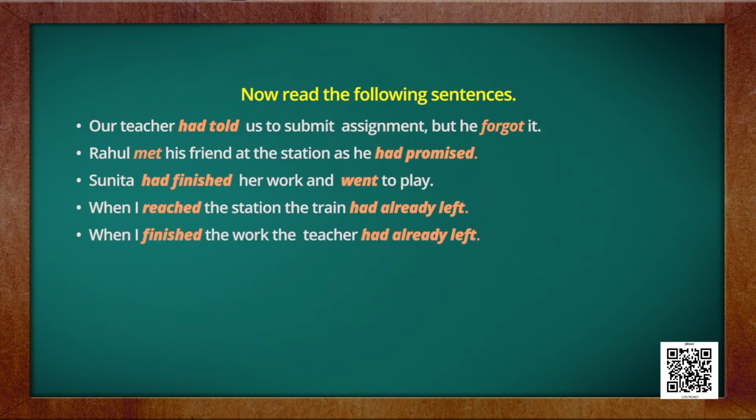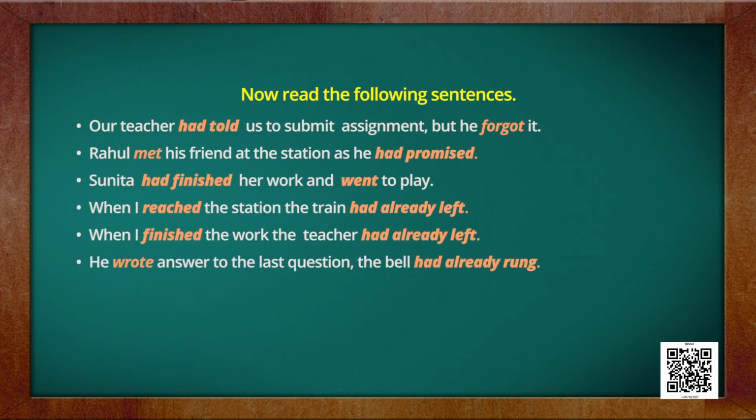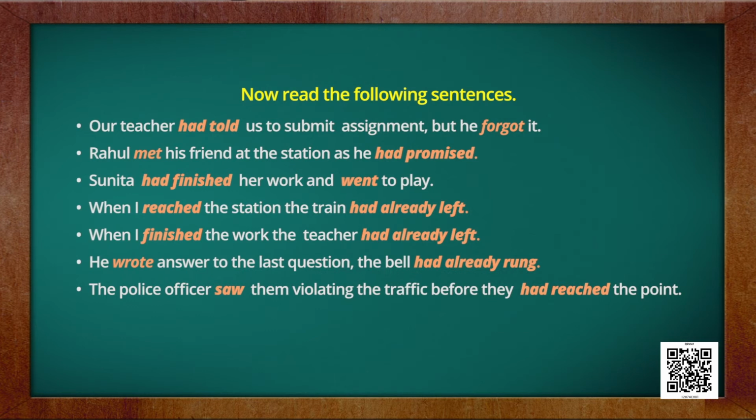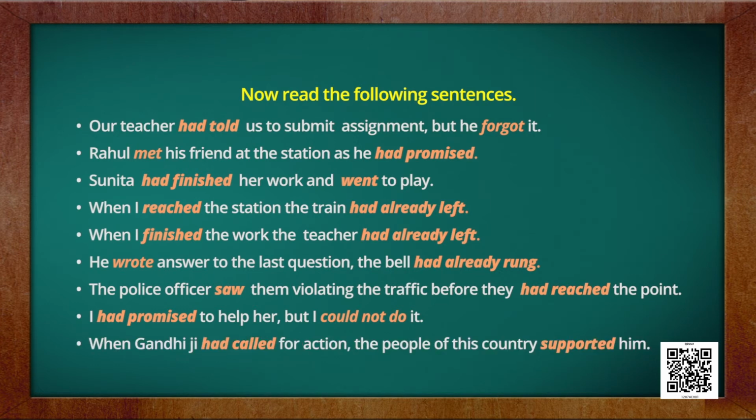When I finished the work, the teacher had already left. He wrote answer to the last question. The bell had already rung. The police saw them violating the traffic rules before they had reached the point. I had promised to help her, but I could not. When Gandhiji had called for action, the people of this country supported him.